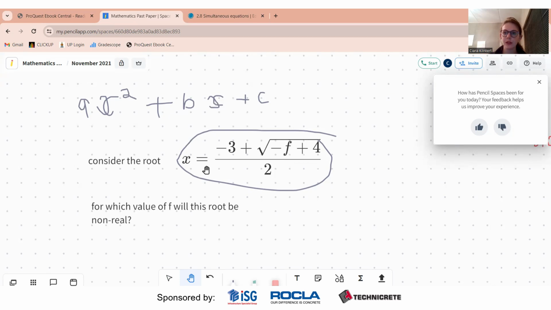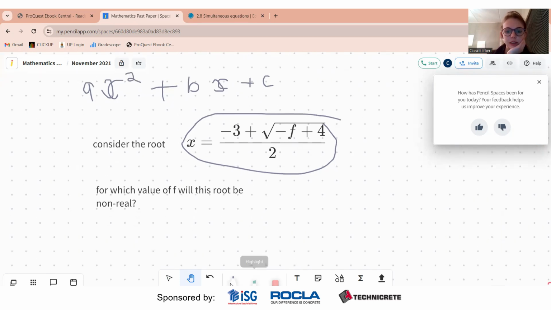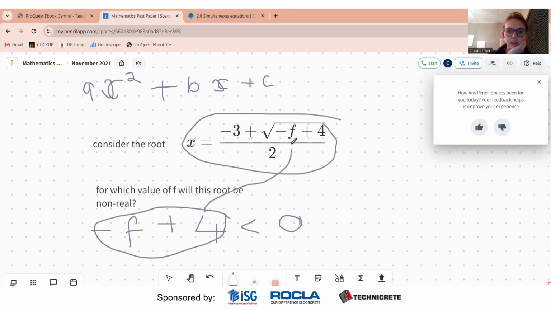Well, we know that we will have a non-real root if the bit underneath the square root is negative. So we simply need to solve -f plus 4 less than 0, because this is the term under the square root, and if that is negative, then we have a non-real root.